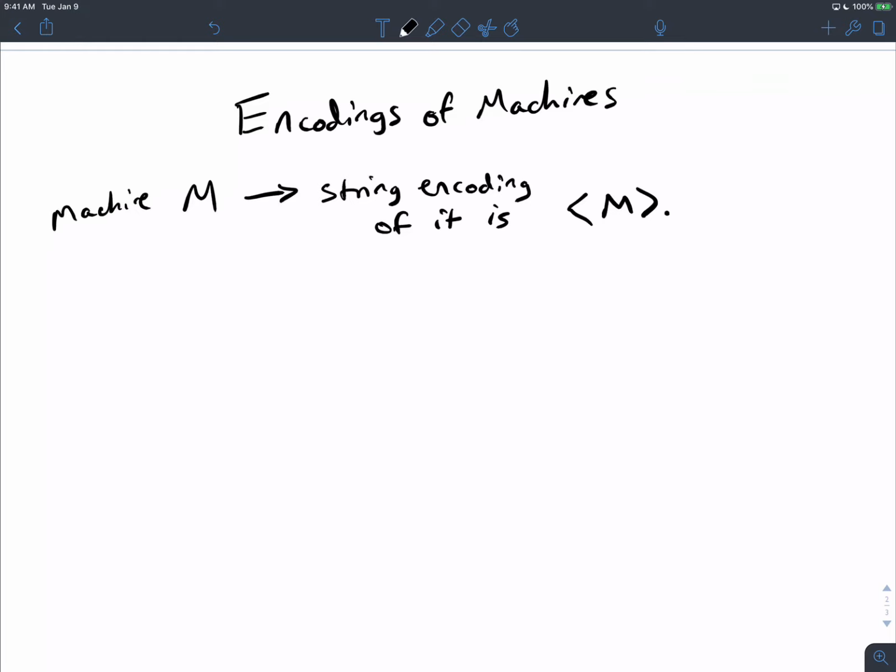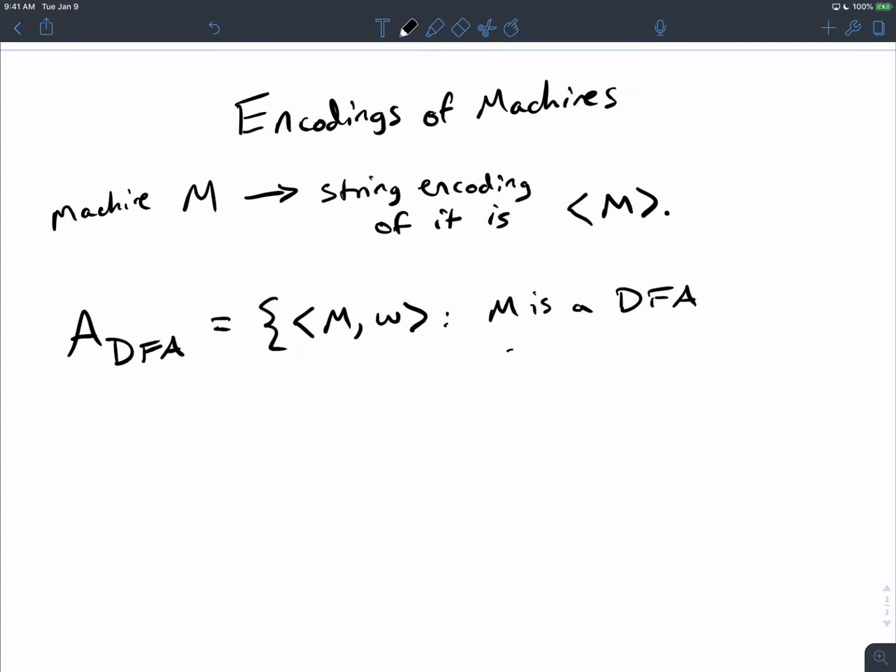Right. So we were talking about this problem A sub DFA, which is encodings of a machine and an input, where M is a DFA and W is accepted by M.